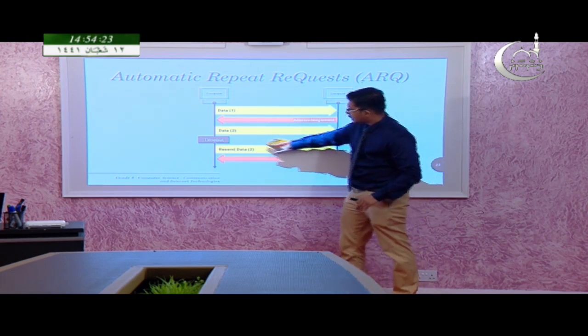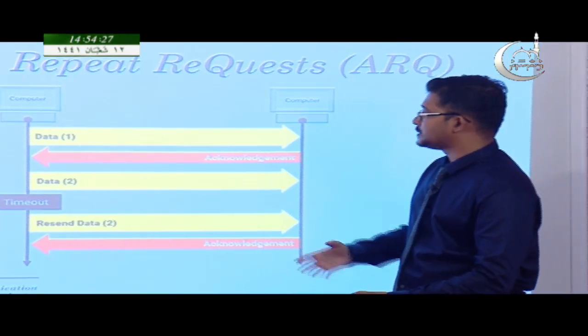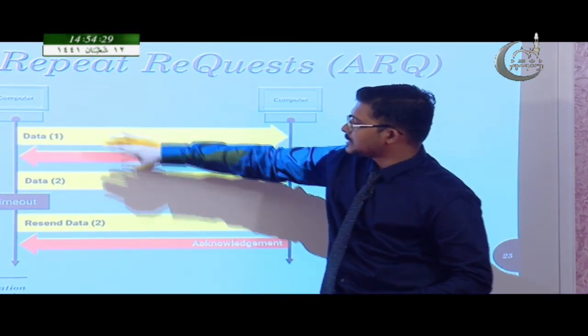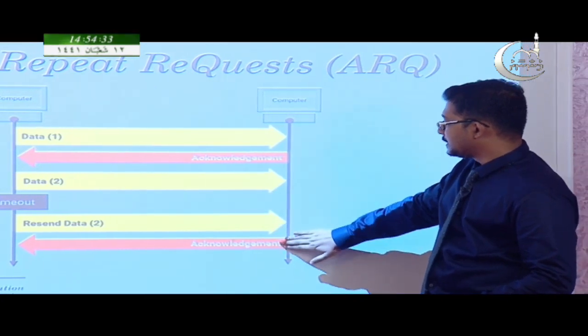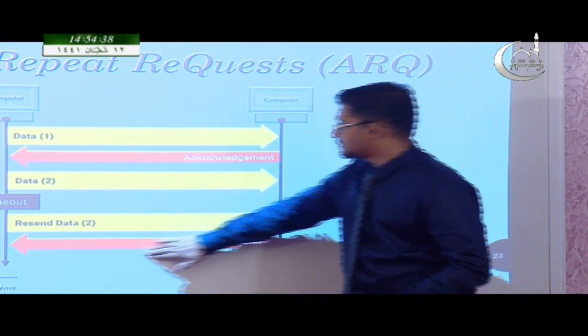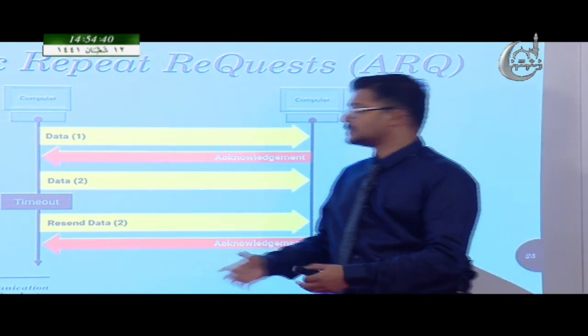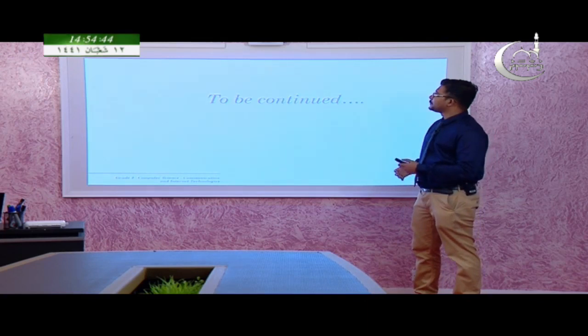If the timeout happens, that means device A didn't receive the acknowledgement. Again, the data will be resent. This time, device B sends the acknowledgement. That means it's fine. This is the concept of ARQ, automatic repeat request.